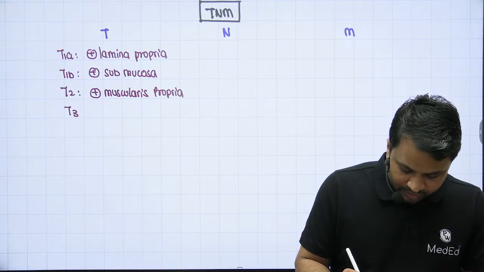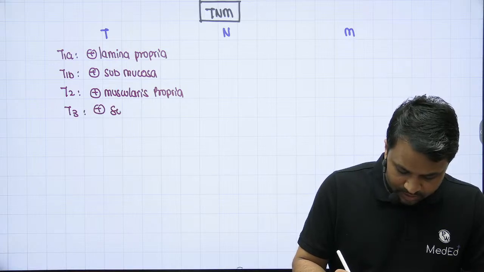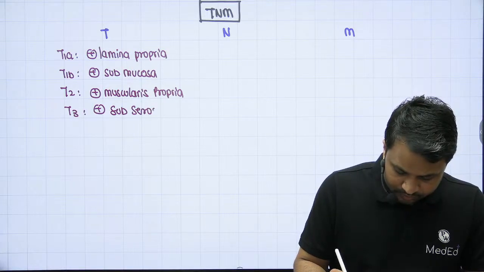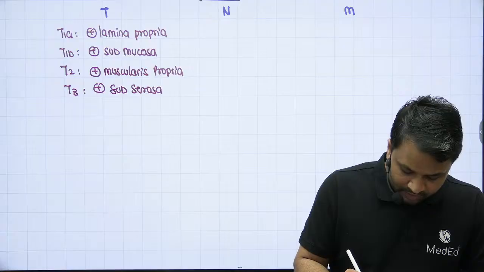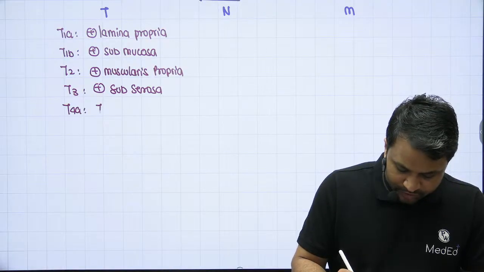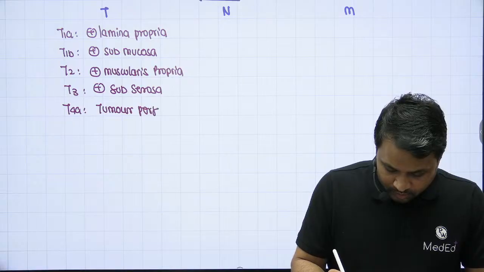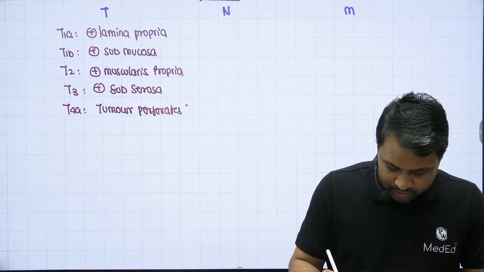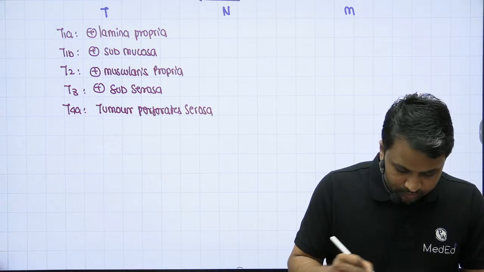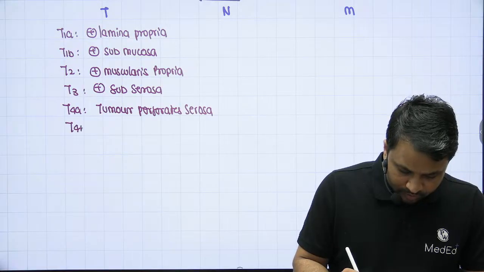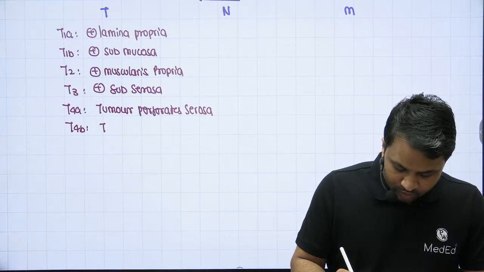Then you have T3 variety, where it is going to involve the subserosal space. Then you have the T4A variety, where the tumor perforates serosa.